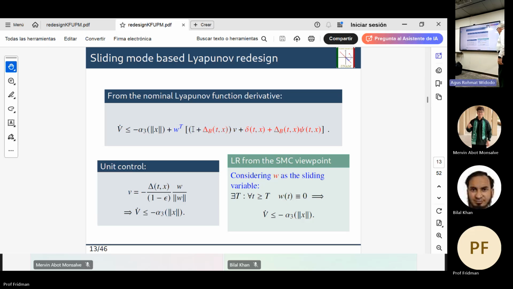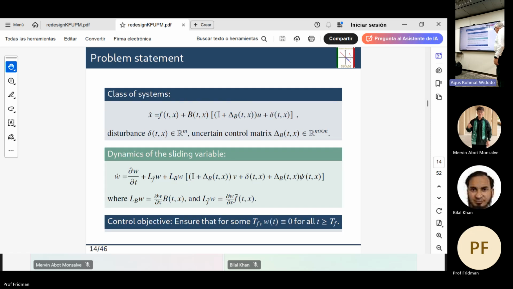So that is why we've tried to see the same story through other eyes. The first glance is the following. Let's see this W like a sliding surface. If we see it as a sliding surface, in finite time we will arrive there. And that was a key point for us to start.